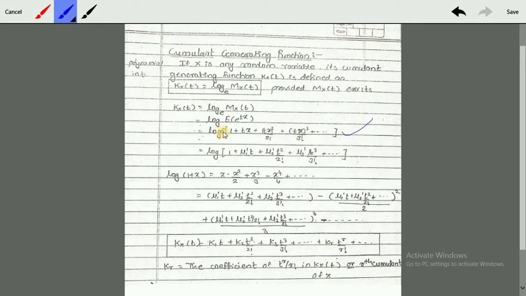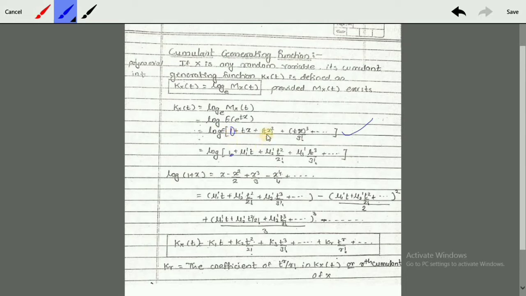Here we will apply the expectation throughout the bracket. So expectation of 1 comes as 1 only because it's a constant. Here expectation of tx, t comes outside, and the expectation of x is mu1 prime.